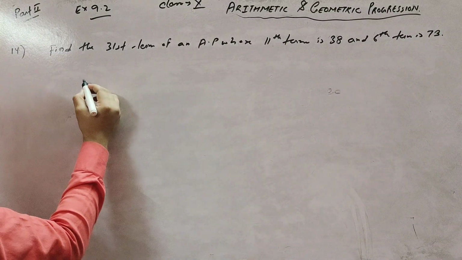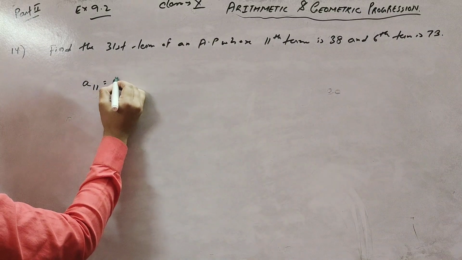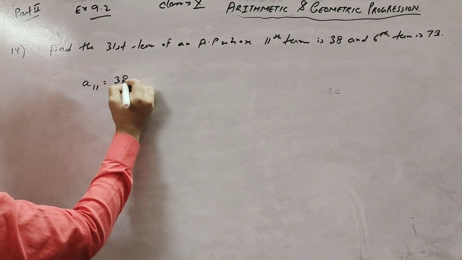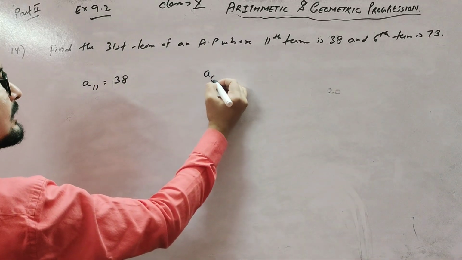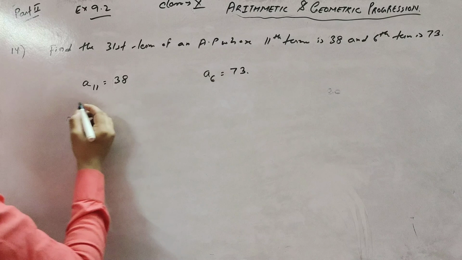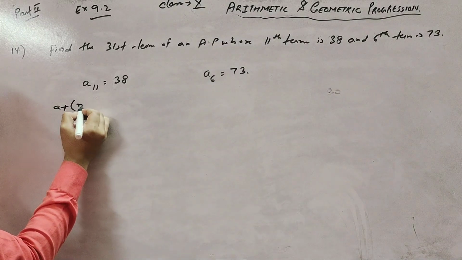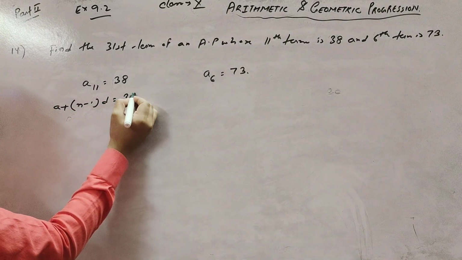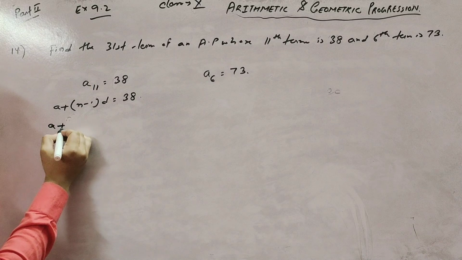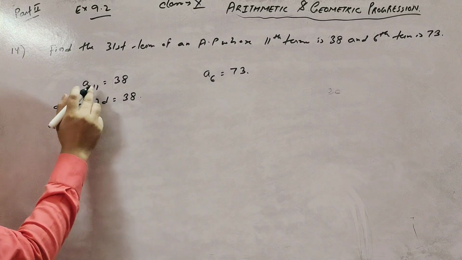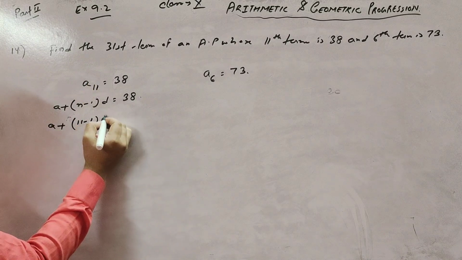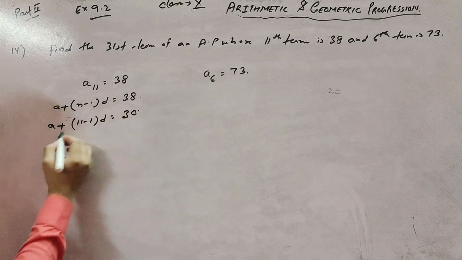Okay, so 11th term, that means 11th term is 38 given, and 6th term is 73 given. So A plus n minus 1D equals 38. So A plus, in place of n, write 11 minus 1D equals 38.